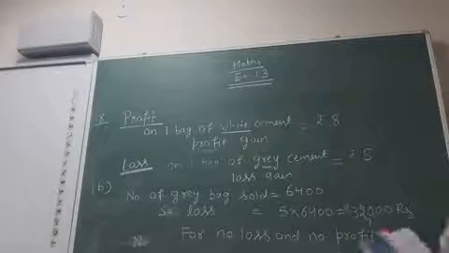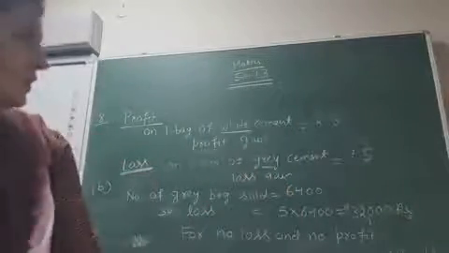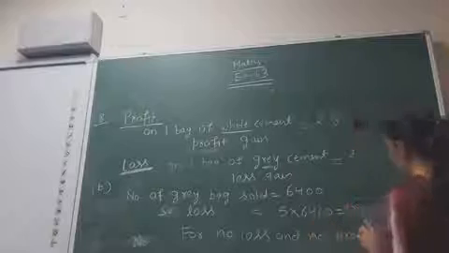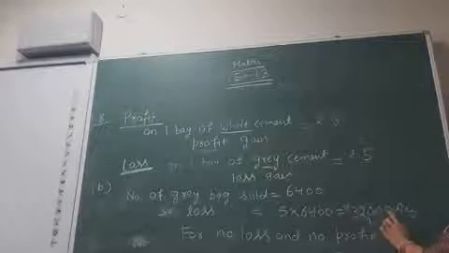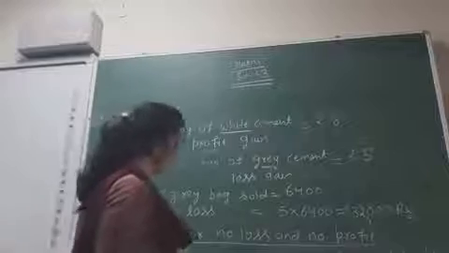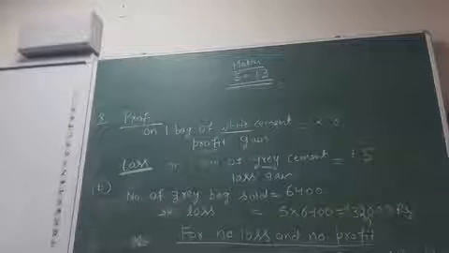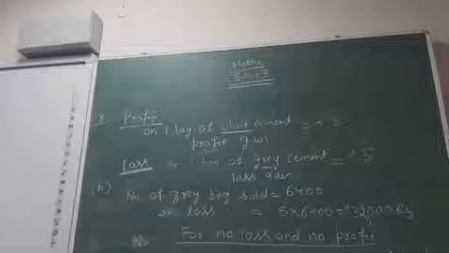So loss for grey bags is rupees 5 multiply 6400, it is 32,000 rupees. For no loss and no profit we have to find out the number of white bags to sell, we will divide this by the profit. 32,000 divided by 8. So the number of white bags to be sold is 4,000.